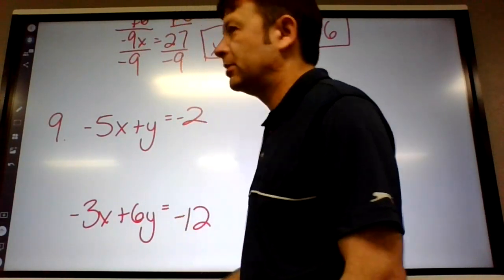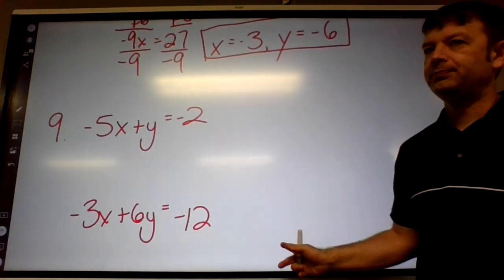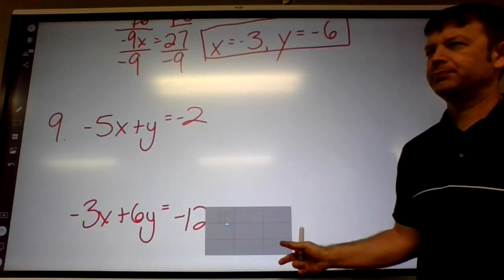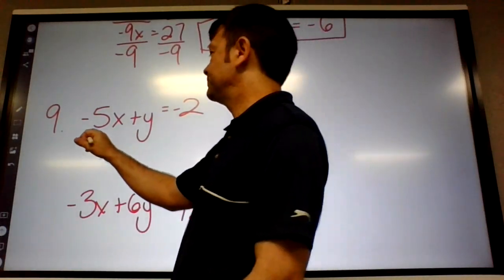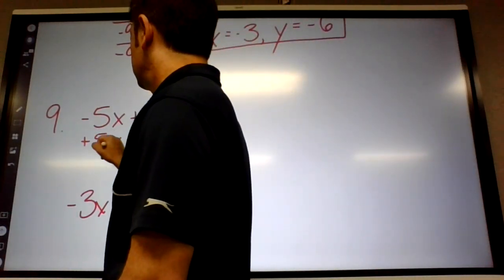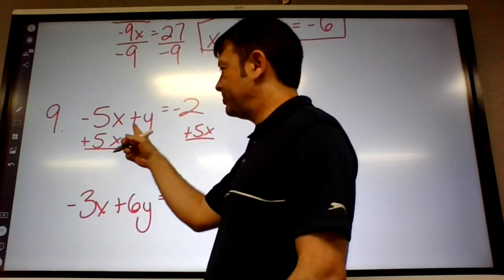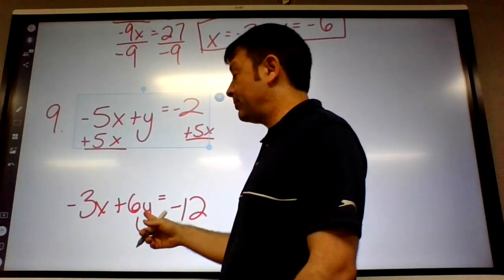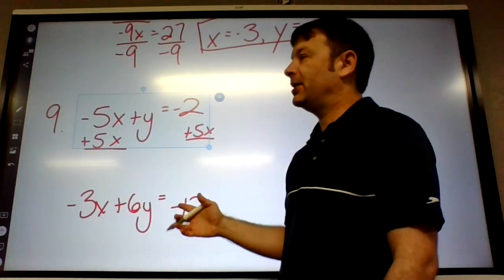All right. What do we do first on this one? Plus 5x. Yeah, this one would be much easier to get y by itself. If we try to get y by itself on the bottom one, or x, we'd have to add and divide.